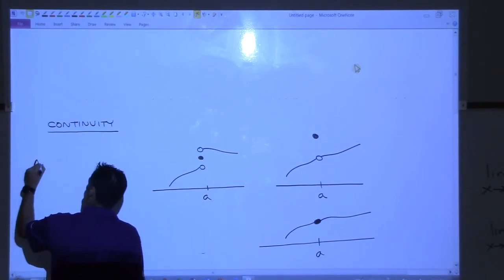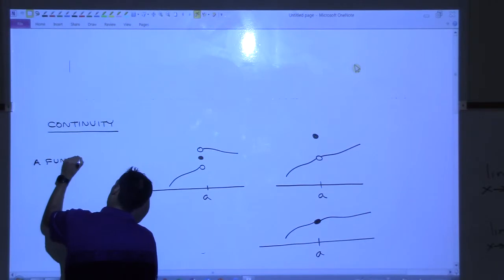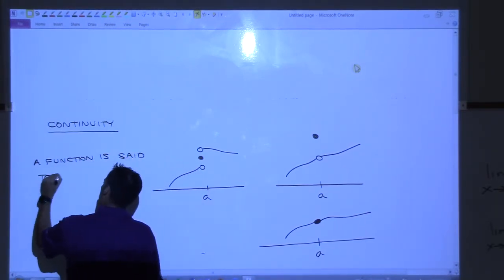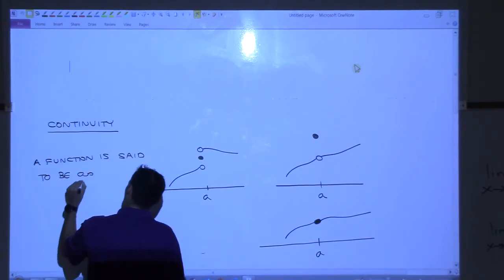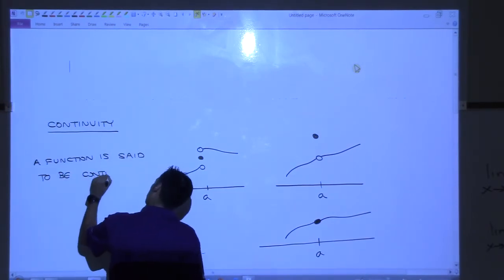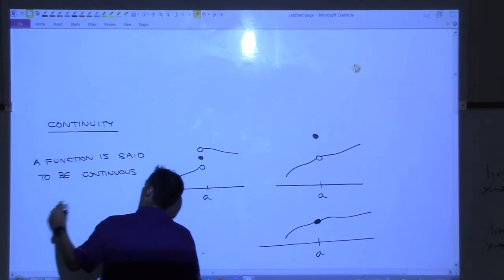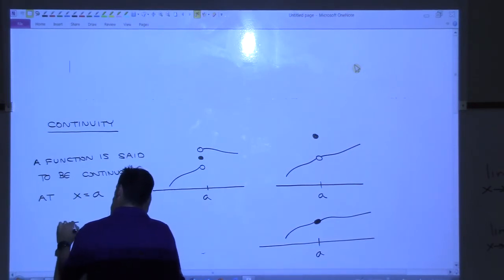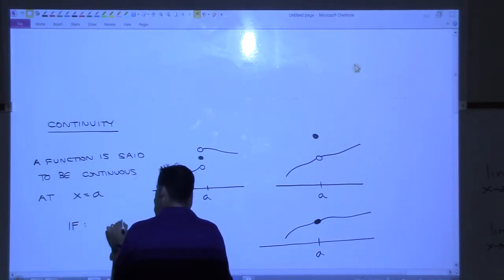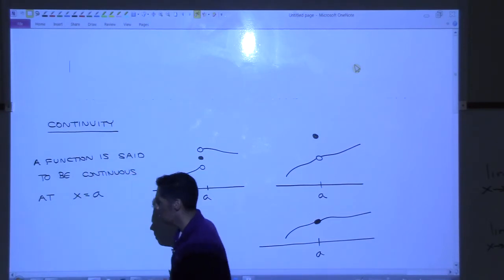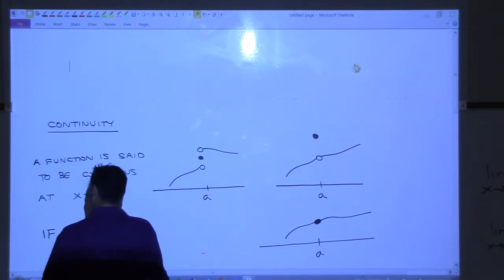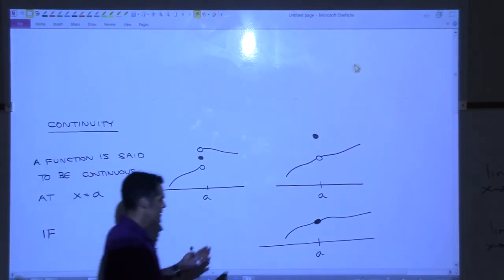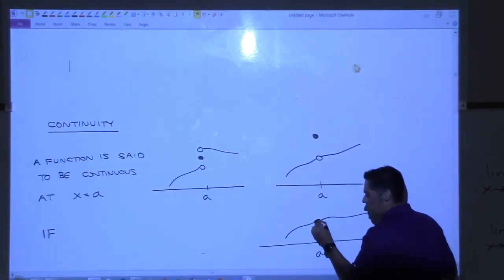A function is said to be continuous at x equals a if, maybe you can tell me, what did we need for us to be able to say that this thing was continuous right here?